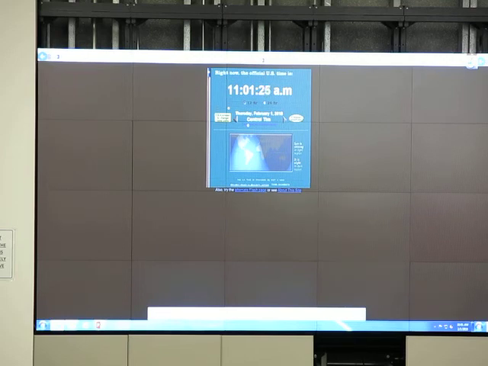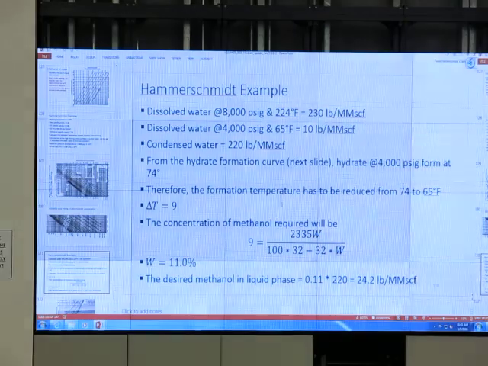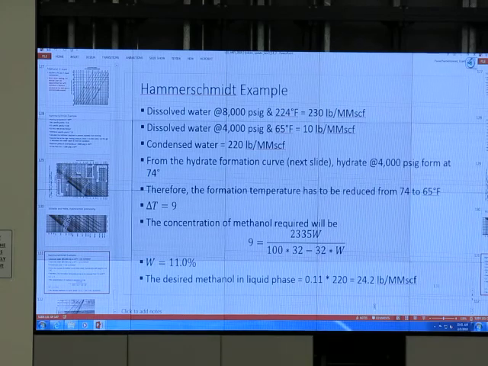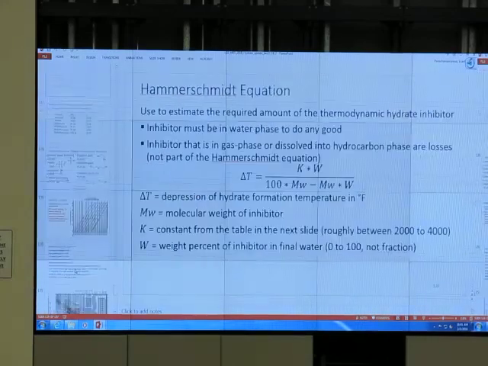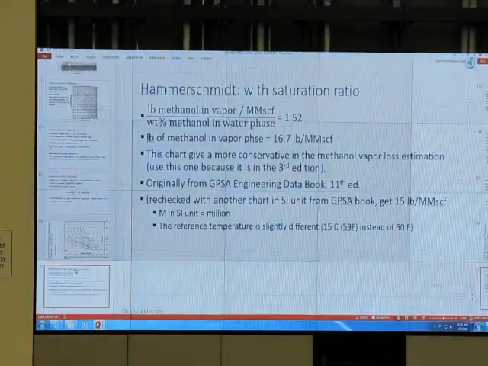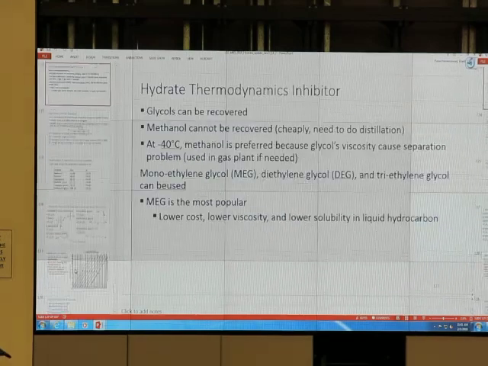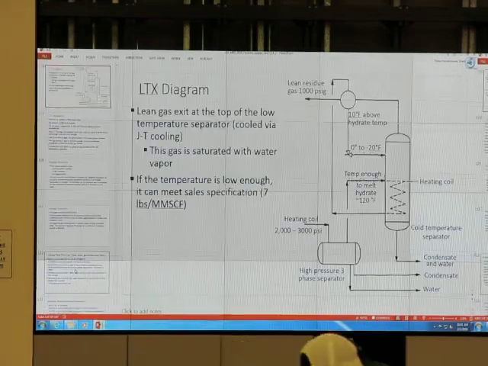I think you're ready for the quiz, but we don't have a quiz today. I may wait until you're not ready and then keep the quiz. How about that? Today we will try to cover everything about hydrate. For example, Hammerschmidt equation, erosional velocity, LTX unit.